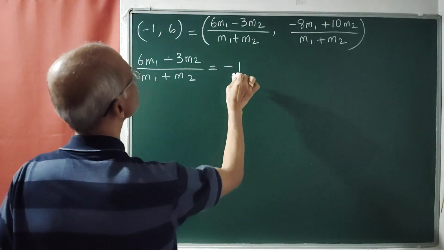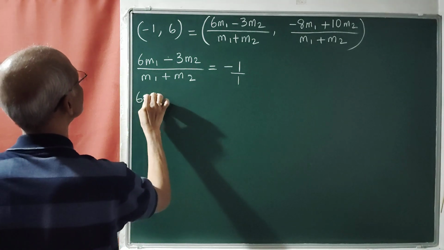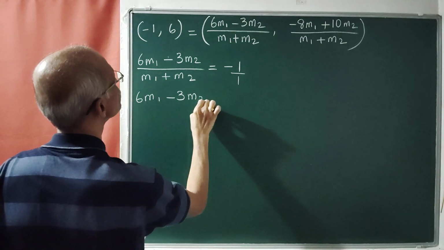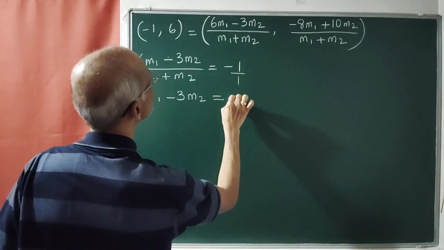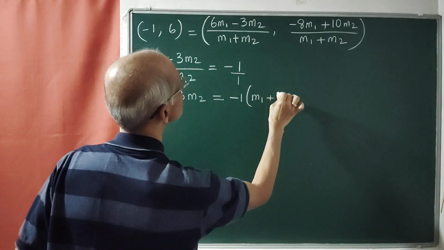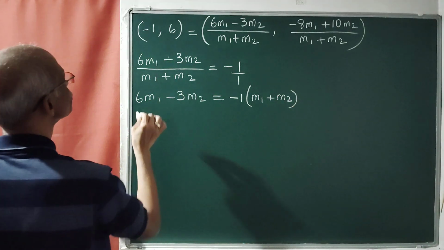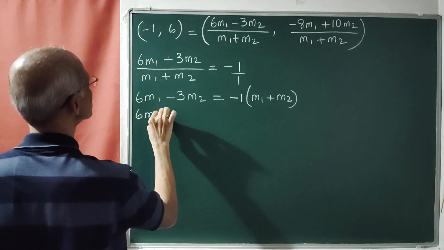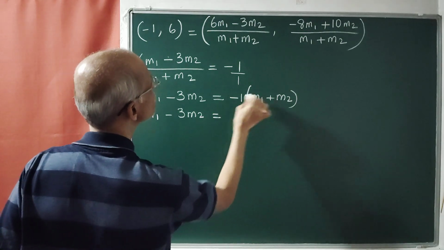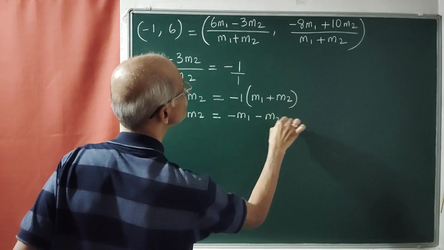So now we will go for cross multiplication. So 6m1 minus 3m2 is equal to minus 1 into m1 plus m2. So 6m1 minus 3m2 is equal to minus m1 minus m2.